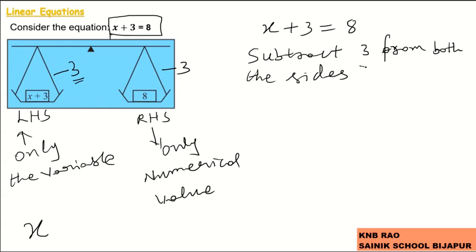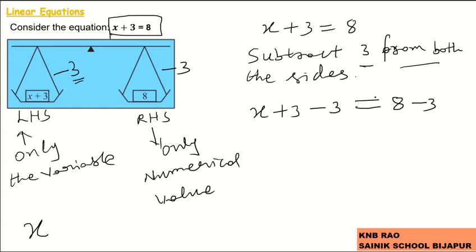So, if I subtract 3 from both the sides, that means x plus 3 is already there, from that I am subtracting 3, and 8 is there in the right hand side, from that I am subtracting 3. Since rule number 2 says subtracting the same number from both the sides of an equality, it still holds equality.